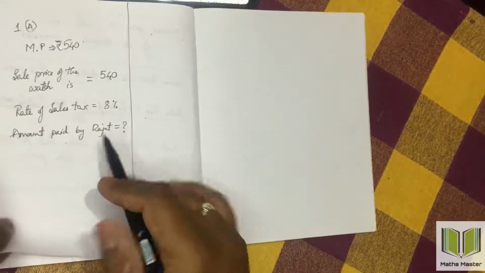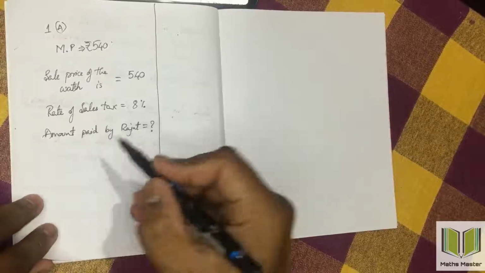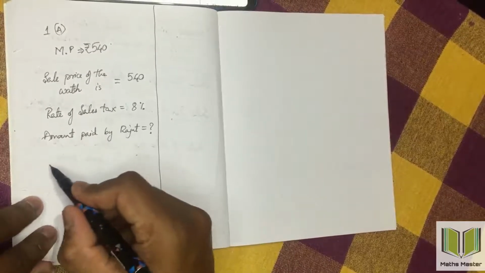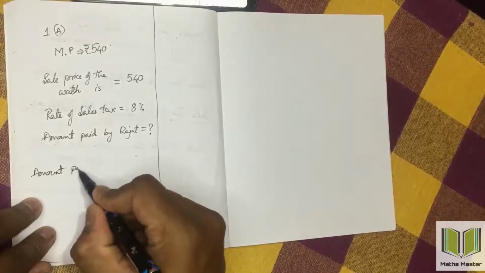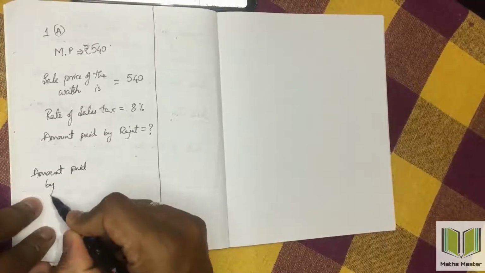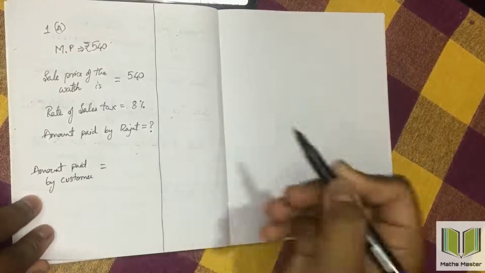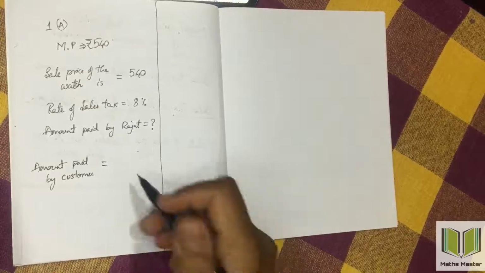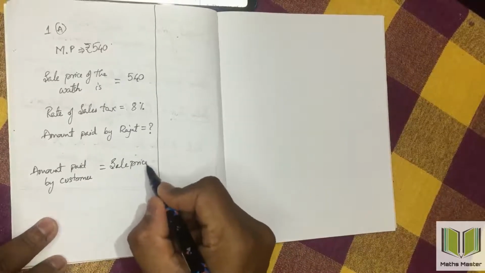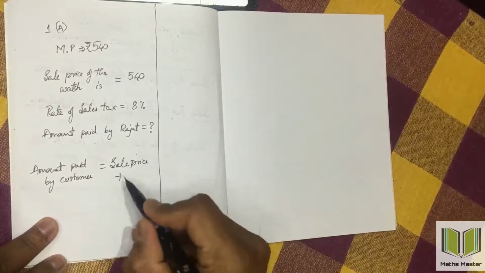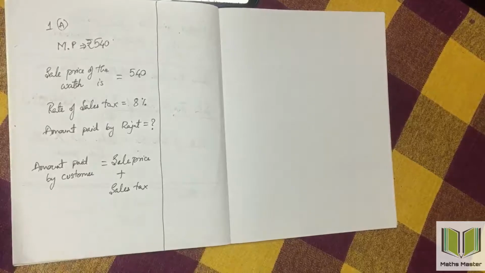How do we find it? First thing first, you need to know what is amount paid by Rajat. Always, the amount paid by customer is equal to sale price plus sales tax. You understand this?